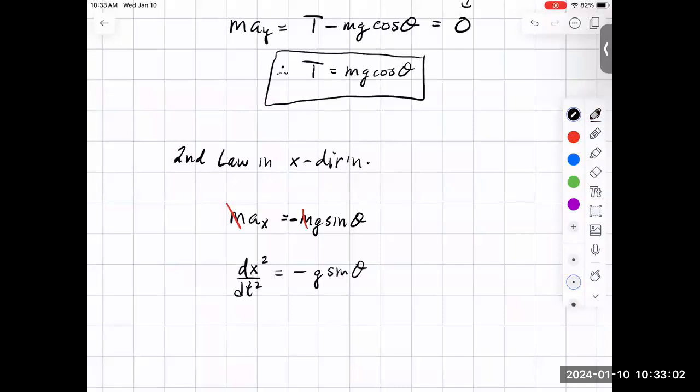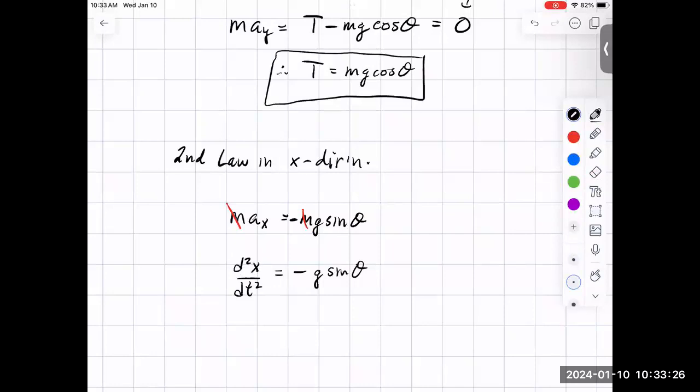And so when I look at that, it's not that similar to the mass on the spring, is it? Because for the mass on the spring, we had 2 derivatives of position equal to minus some stuff times x.